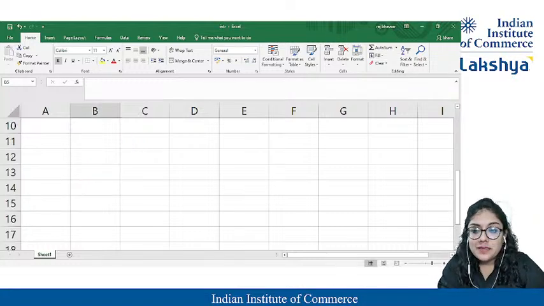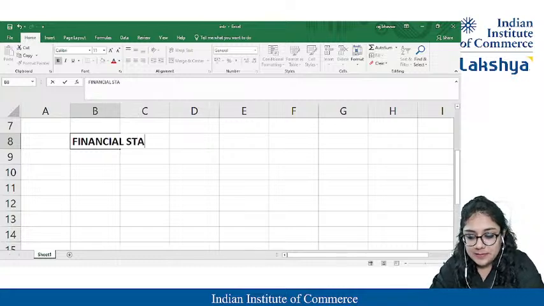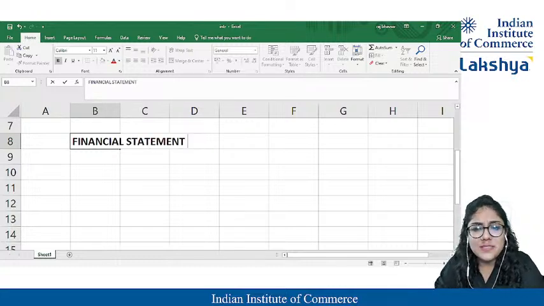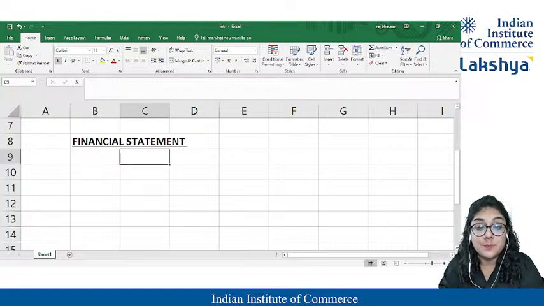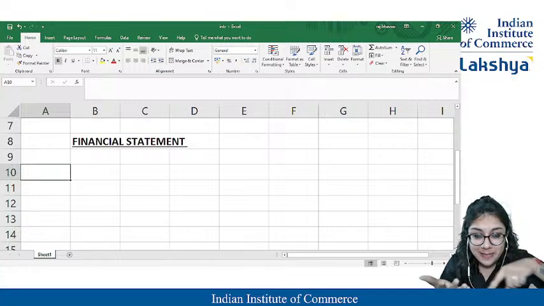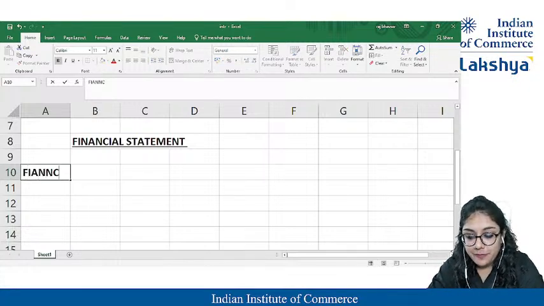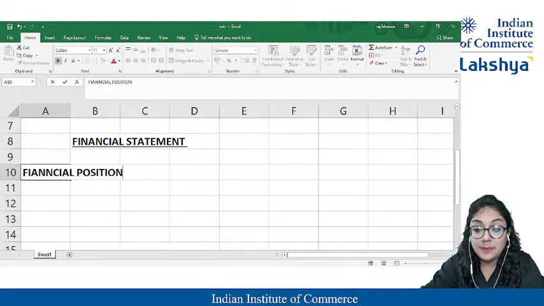So if I just normally talk about the financial statements, taking the word R, that is reporting, what are the things which are inbuilt in the financial statements? We do have a group and a consolidation. Basically we'll be having a financial position, that is nothing other than the balance sheet.